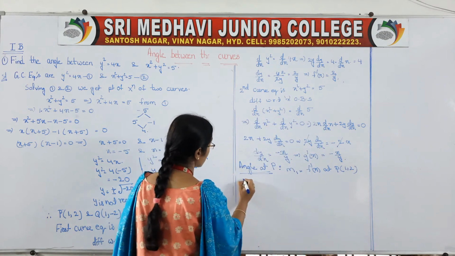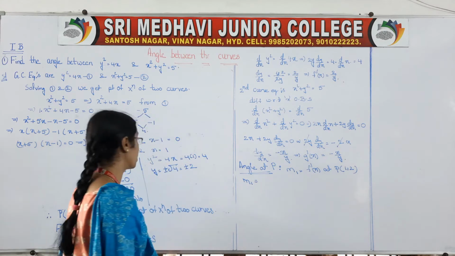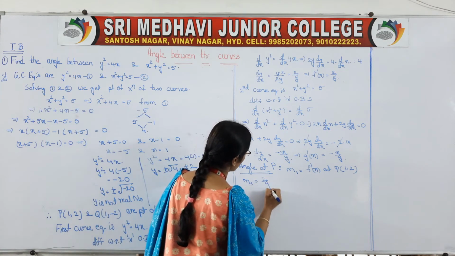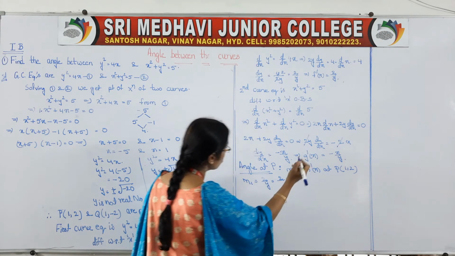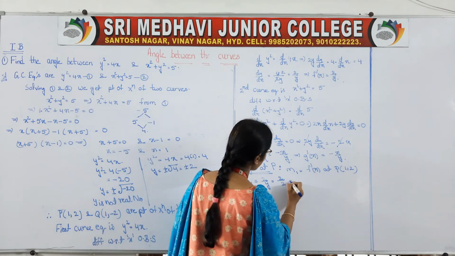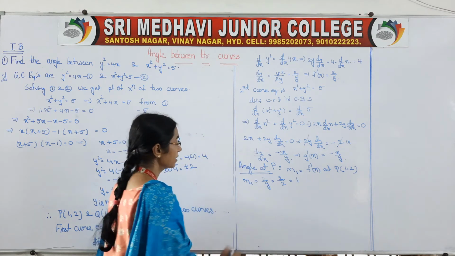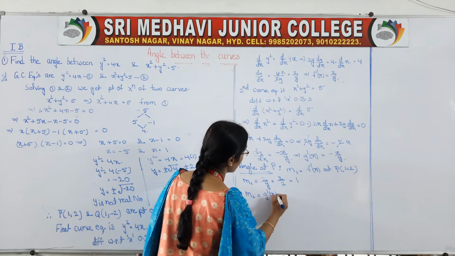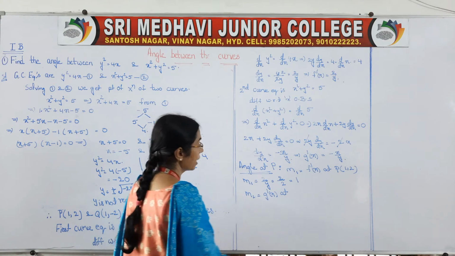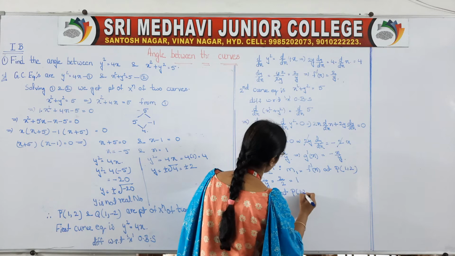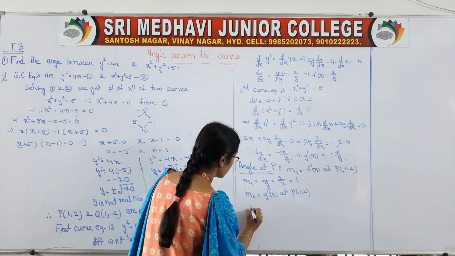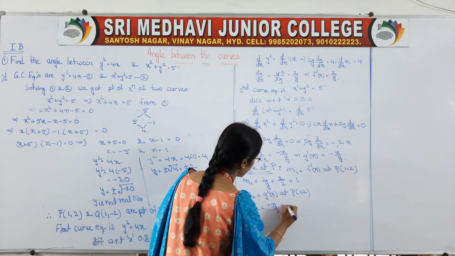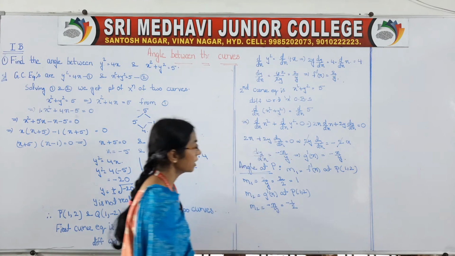So M1 is equal to, first your f dash x is 2 by y. So it is 2 by 2, which is 1. Similarly, M2 is equal to g dash x at P, right? What is that? 1 comma 2. So M2 is equal to minus x by y, that is minus 1 by 2.